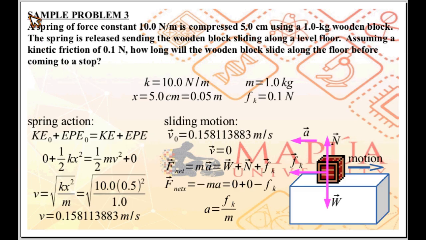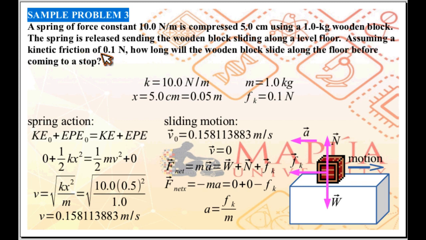And lastly, we have sample problem number 3. You have a spring of force constant 10 Newton per meter. It is compressed 5 centimeters using a 1 kilogram wooden block. The spring is released, sending the wooden block sliding along a level floor.